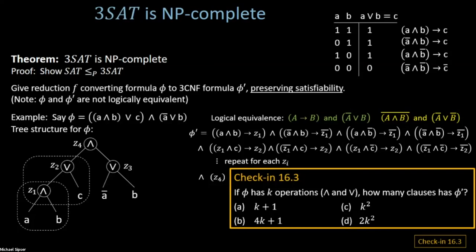And then each row is going to have 4 clauses which define what you need in order to force that variable to have the right value corresponding to that operation. And then you need 1 extra clause for saying that this whole thing evaluates to true.